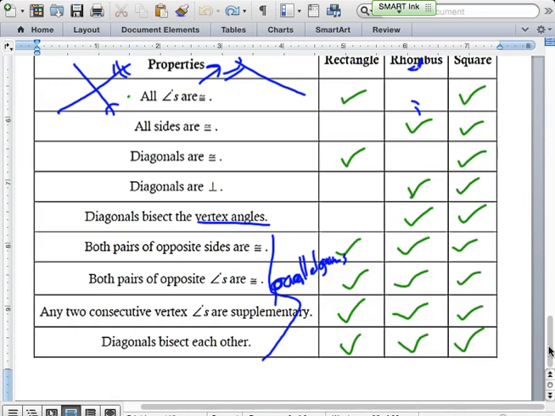Any two consecutive vertex angles are supplementary. That's just same side interior angles are supplementary, just another way of phrasing it. And then diagonals bisect each other. So those are the four properties of parallelograms. All those are true for these, which is why they're all parallelograms, because they all follow those four properties. But you get into these more specific properties as you talk about each individual shape. All right, so hopefully that gives you some more clarification on rectangles, rhombi, and squares. Time to practice.